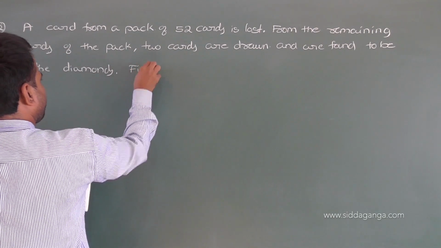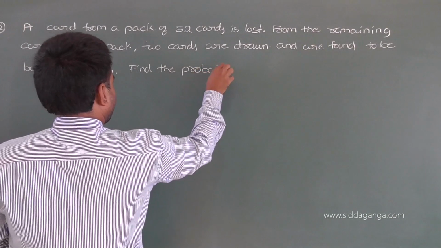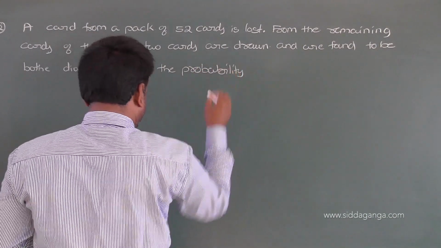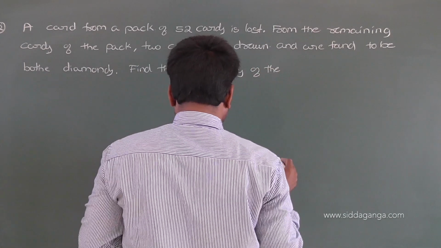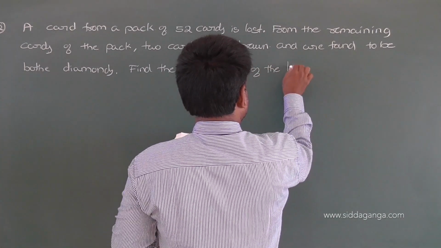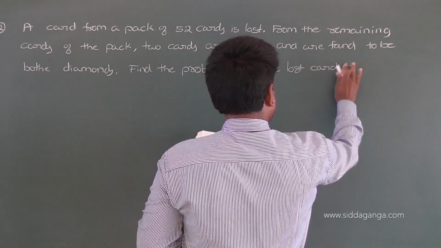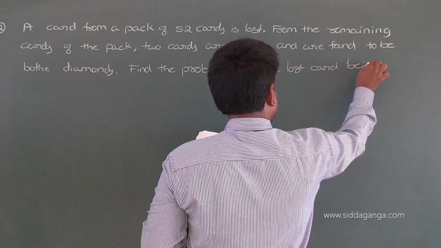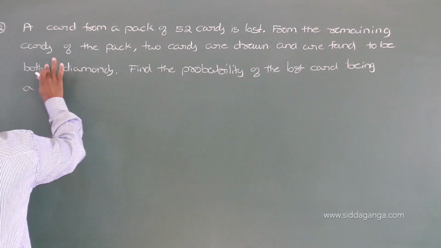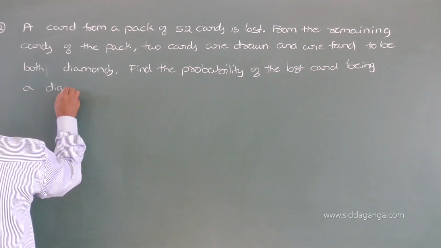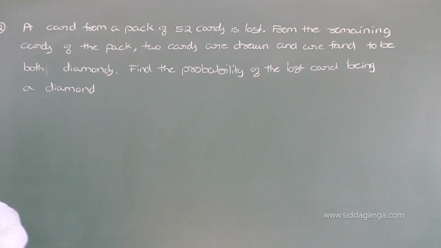Find the probability of the lost card being a diamond.